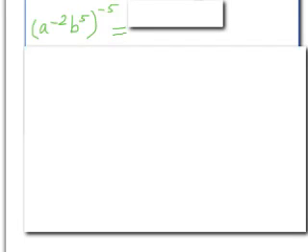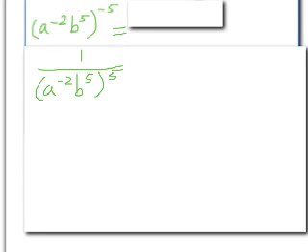We can factor this whole thing out. So a to the negative 2, b to the 5th, all to the 5th would be the same as 1 over a to the negative 2, b to the 5th, to the 5th.